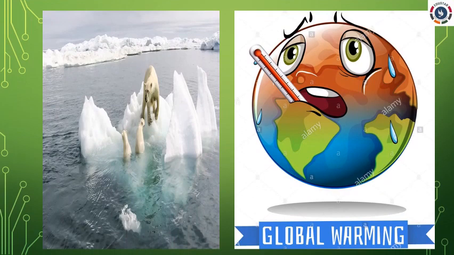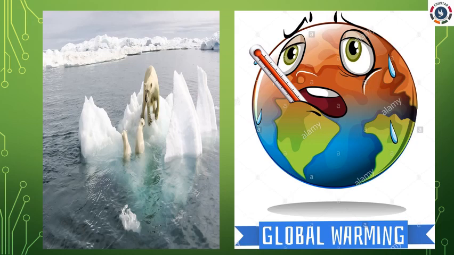Next topic is about air pollution and controlling air pollution. Air pollution is caused due to burning of fossil fuels. Fossil fuels are sources of energy that formed within the earth over millions of years, for example coal, natural gas and petroleum.